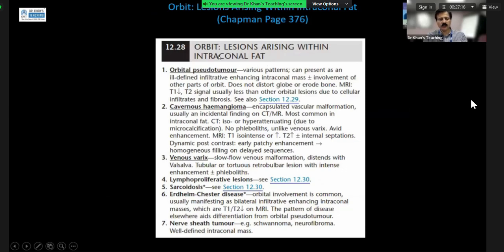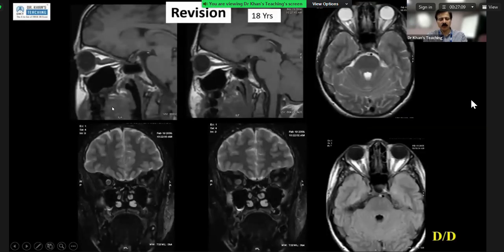So look at this in your current book, orbit lesions arising within intraconal fat. And these are the ones. Please also remember that when we covered CNS, we have already covered the optic nerve lesions, for example, optic nerve glioma.